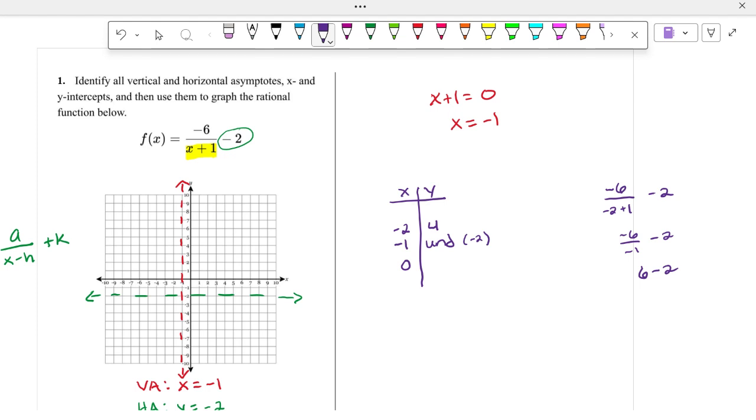So I have a point at negative 2, 4. So right here. For 0, I have negative 6 over 0 plus 1, minus 2. So that would be negative 6 minus 2, which is what? Negative 8. So I have a point at 0, negative 8, which is right here. So that's one way you can get your corner point.